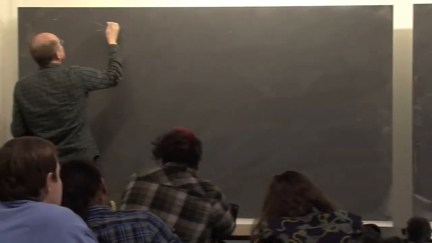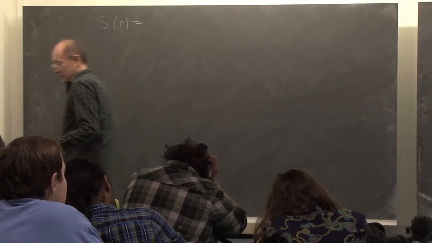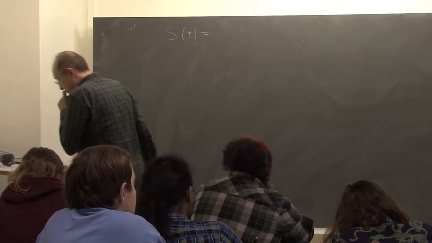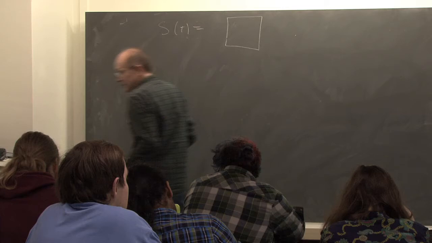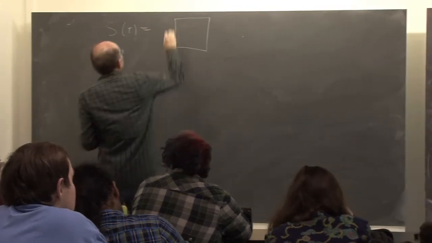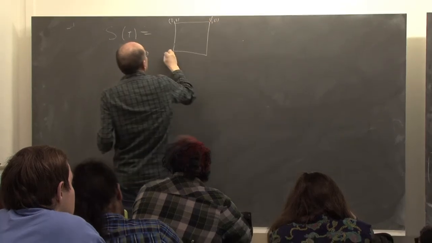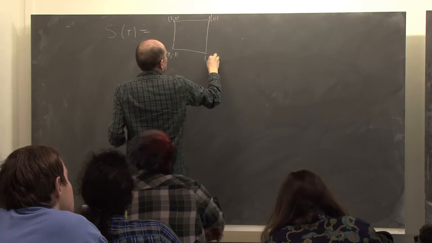So S of tau is the rotated 0, 0 here, 1, 0 here, minus 0, minus 1, 1, minus 1.